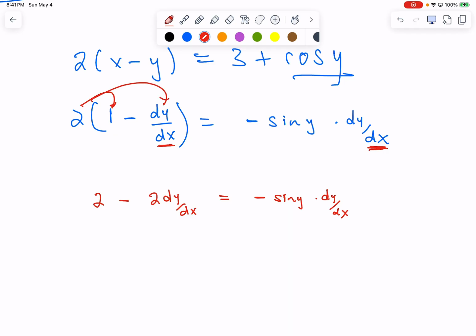Yeah, add sine y. You could add the sine y, but I would probably add the 2 dy dx, because you have the 2 over here. So you've got the right idea. Is that okay? Sure. So we're going to get 2 is equal to negative sine y dy dx plus 2 dy dx. We can switch signs and all that in a minute.